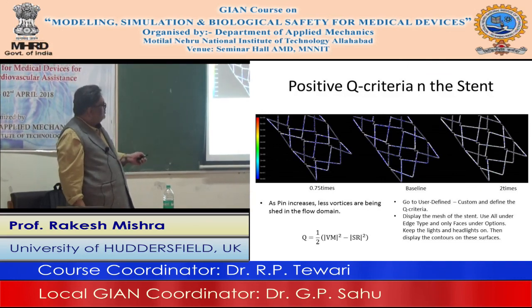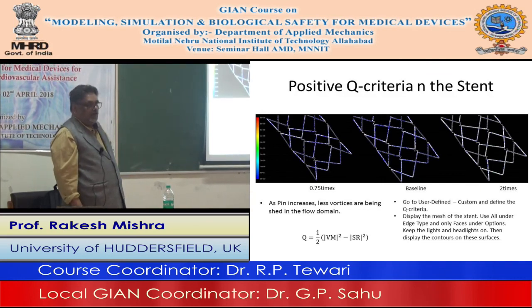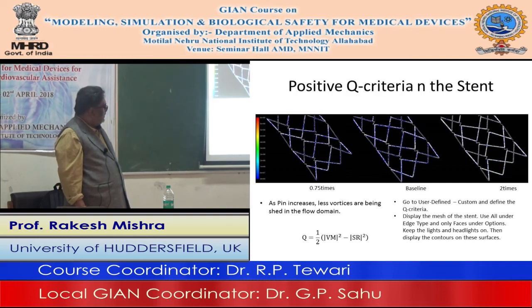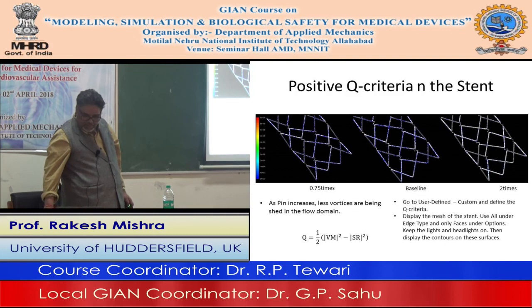And so this shows again the areas of more vorticity in the case of baseline and the low as compared to the high P in, because here you can see lots of whites. Here these are largely blue in this particular case.